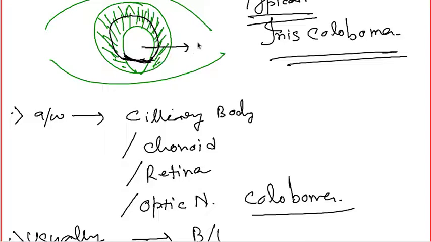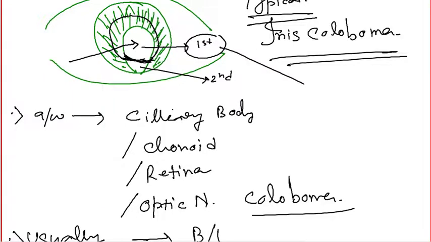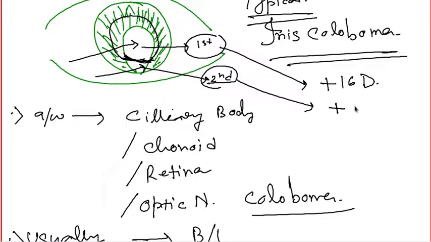The first part and the second part. When light goes through the first part, it will encounter the lens which has plus 16 diopter of power. When light passes through the second part, it will not encounter the lens and it will go through 0 diopter power.